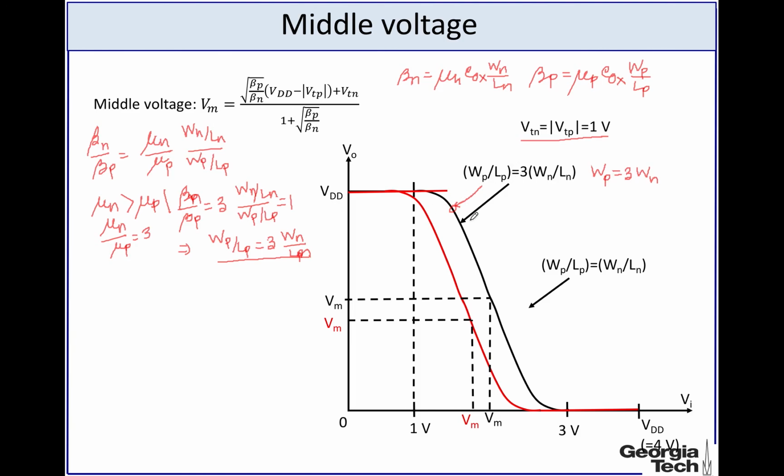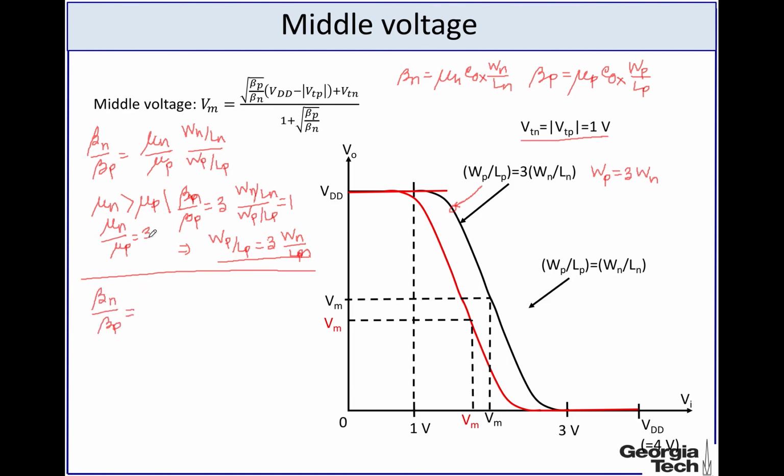So now let's think about a case where both the n-type MOSFET and p-type MOSFET have the same width to length ratio, and also let's assume that the threshold voltages are equal to 1 volt. So in that case, what will be beta n over beta p?